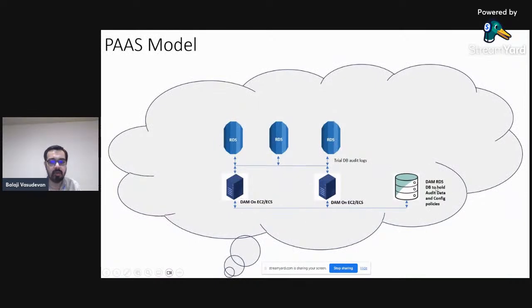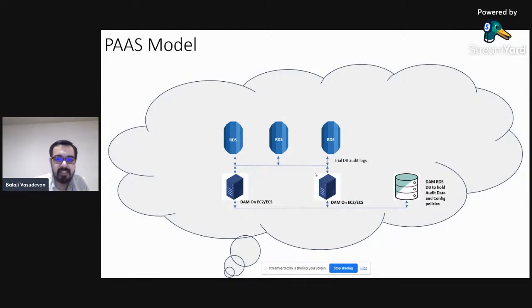So that's going to hold all the audit data and configuration. So instead of agents sending to the databases, we have an option to trail the DB audit logs from the RDS to the DAM server, and this DAM server can take an action and report on those logs, or alert or block those transactions. And these are all things that this DAM server sitting here can actually act upon.